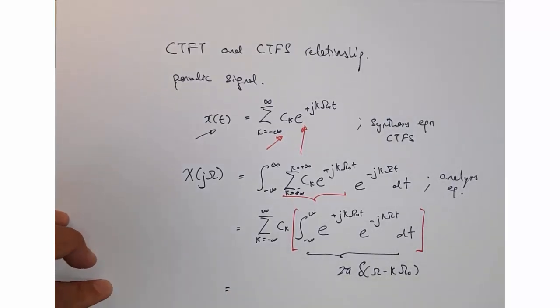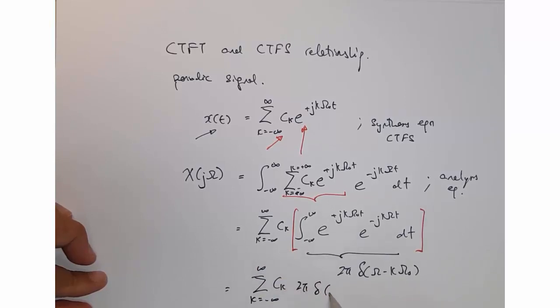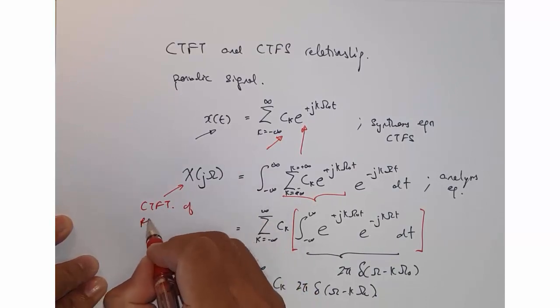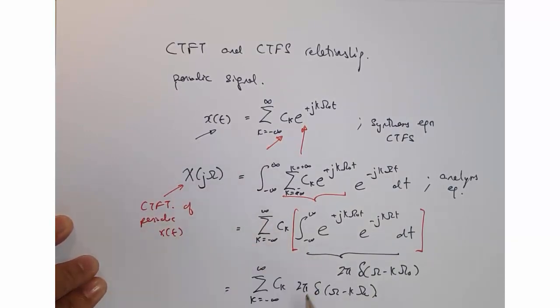And hence we have arrived at the result: the continuous time Fourier transform of periodic signal x of t is equal to the continuous time Fourier series coefficients multiplied by 2 pi, where each coefficient Ck is standing on a delta at omega equals k omega naught, for k equals negative infinity to infinity.